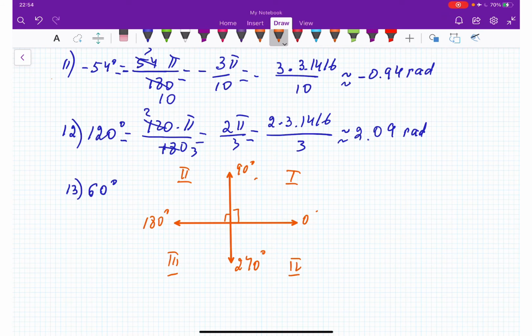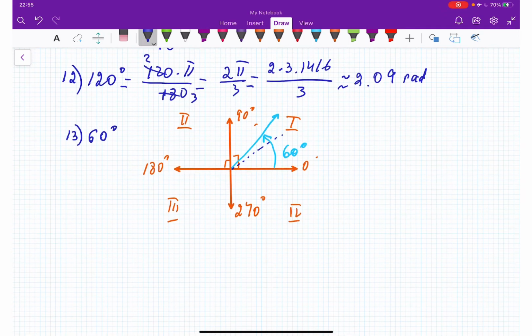All right, so 60 degrees. If it's 90 degrees, then 45 degrees is going to go right in the middle, correct? Which means 60 degrees is going to go a little bit above, about 15 degrees above. And this is going to be your 60 degrees.